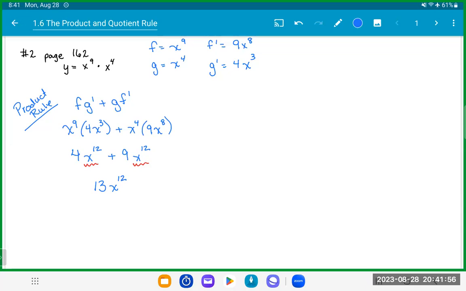So that's the product rule. I want to show you guys the power rule, right? Because that's what we learned in the beginning of last section. And I want to show you that the product rule works for both.